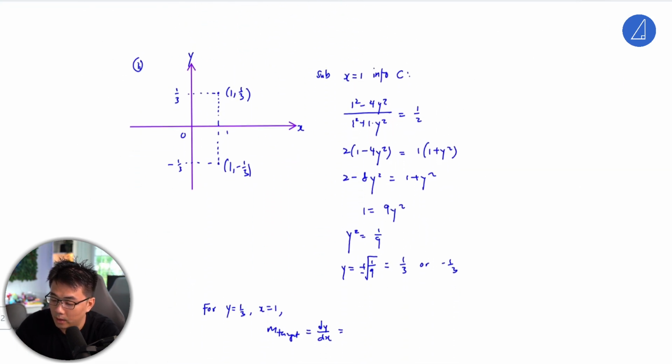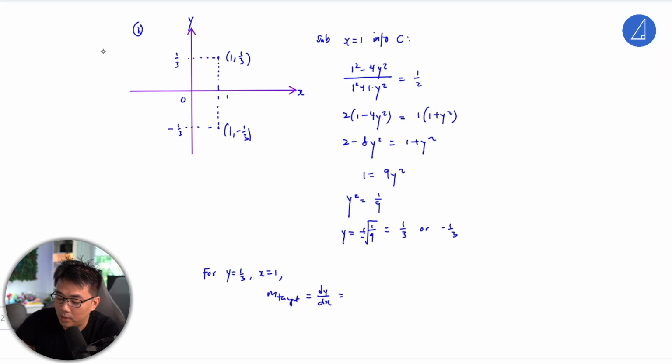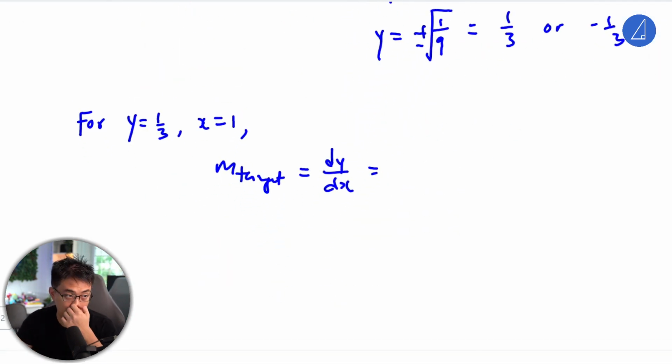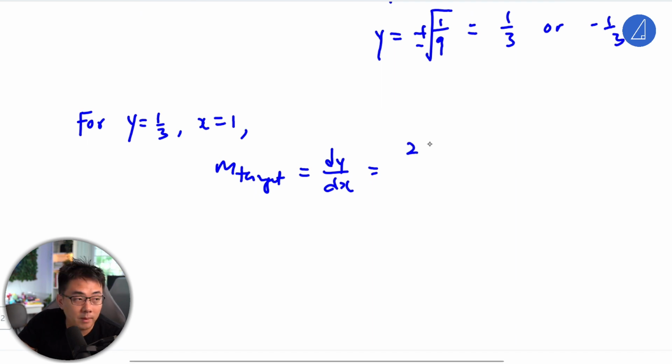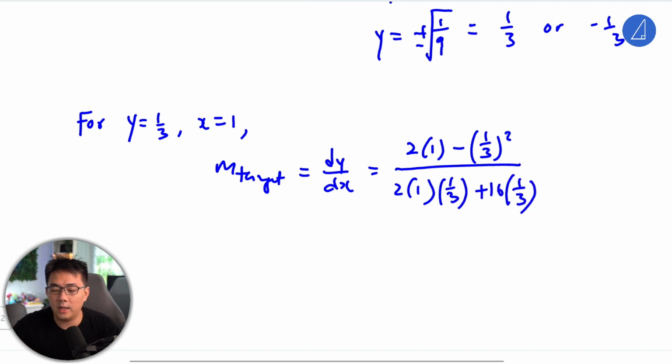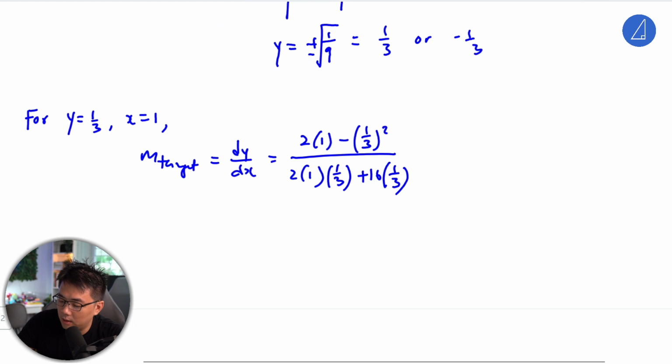So from here, what we get is 2 multiplied by (1 minus (1/3) squared) over 2 multiplied by 1/3 plus 1, 6 and a third. Okay, key in calculator here, what we get is 17 over 54.